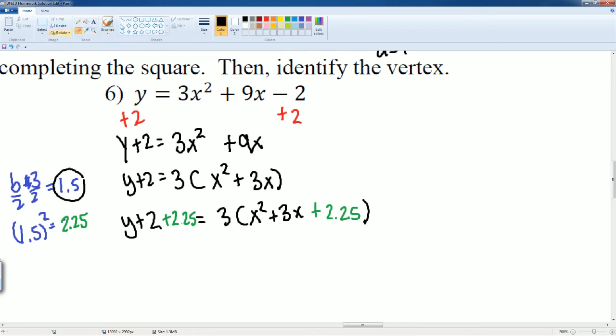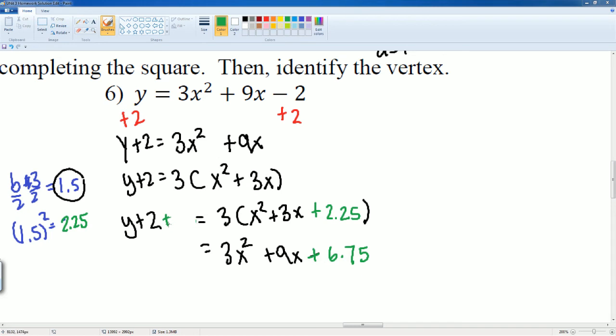Technically, if you distribute this over, take a look at what happens: 3x squared plus 9x, and 3 times 2.25 becomes 6.75.